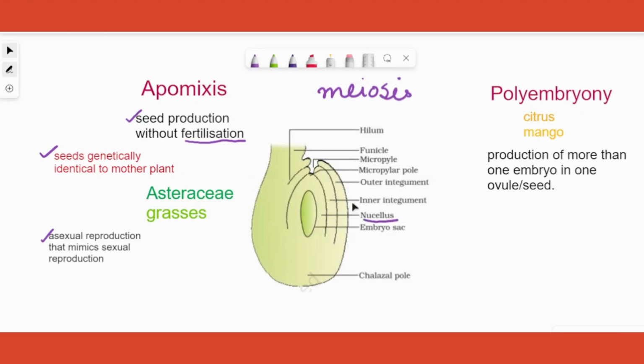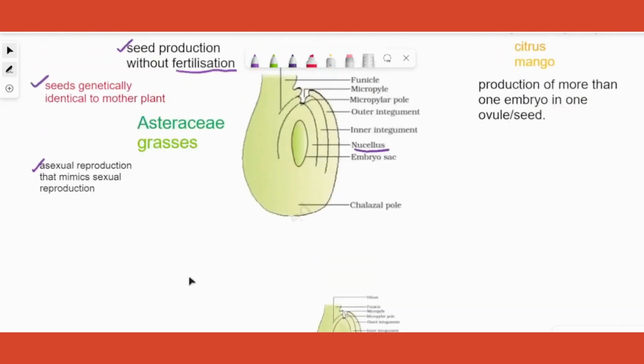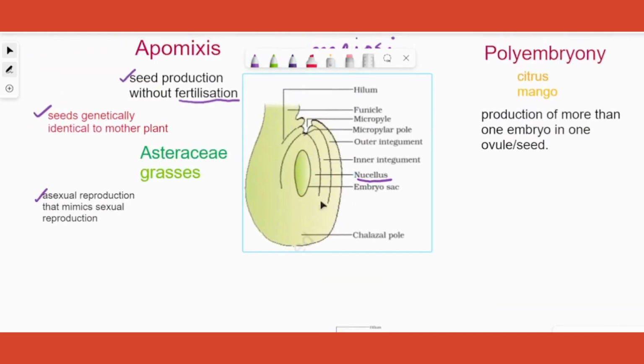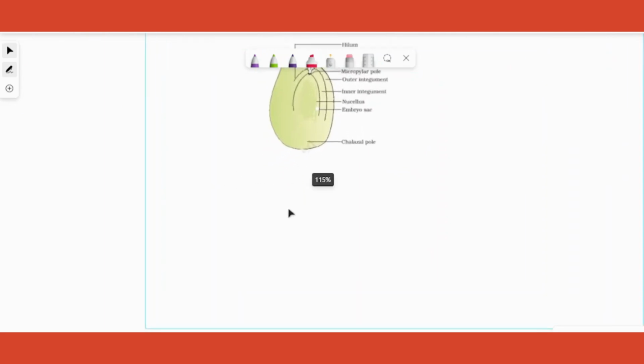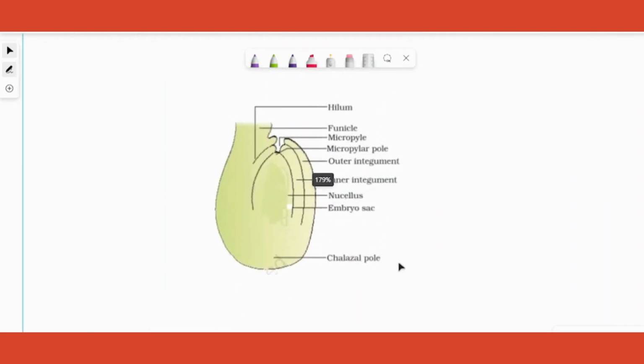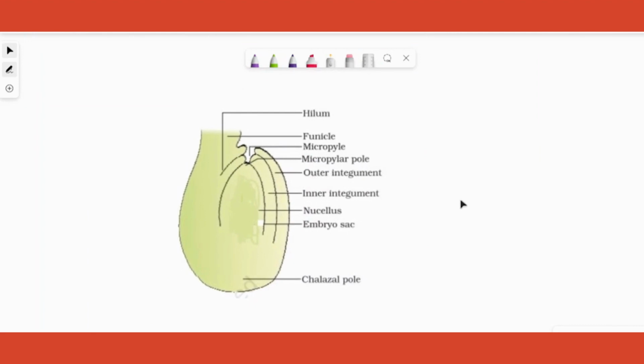Nucellus. So for you to recap, I'm going to delete the embryo sac from the ovule picture and then explain so you understand it better. So I'm going into the ovule. Right now in the ovule there is nucellus, but the embryo sac is not yet produced. It is yet to be produced, all right.